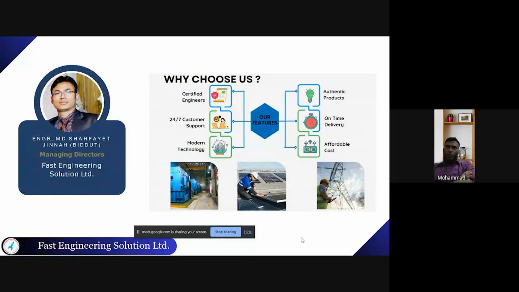We went to a lot of factories together as well, like DBL, Paramount, Bengal, and some other factories. And Fast Engineering Solutions Limited has successfully completed their projects with challenges, and we would like to be a part of the energy sector as a pioneer.